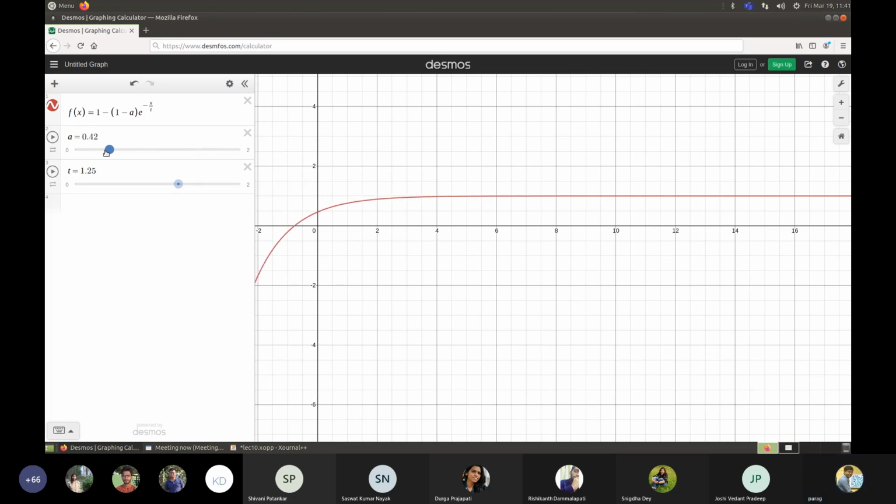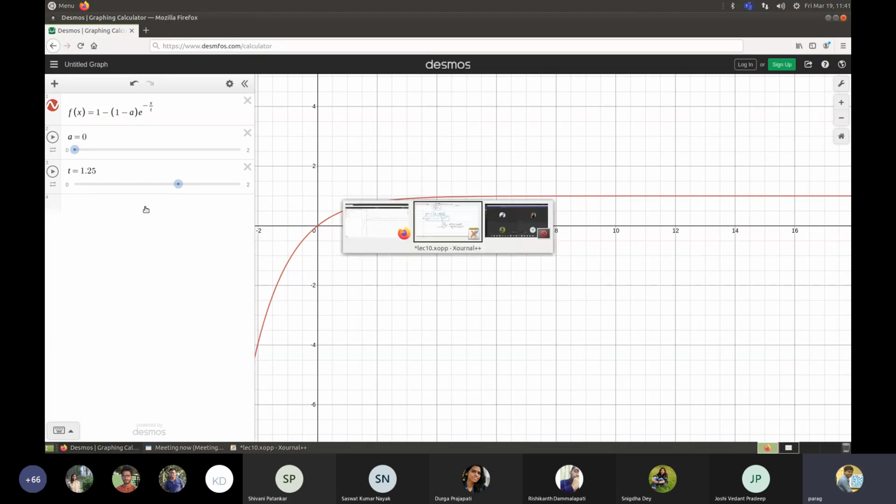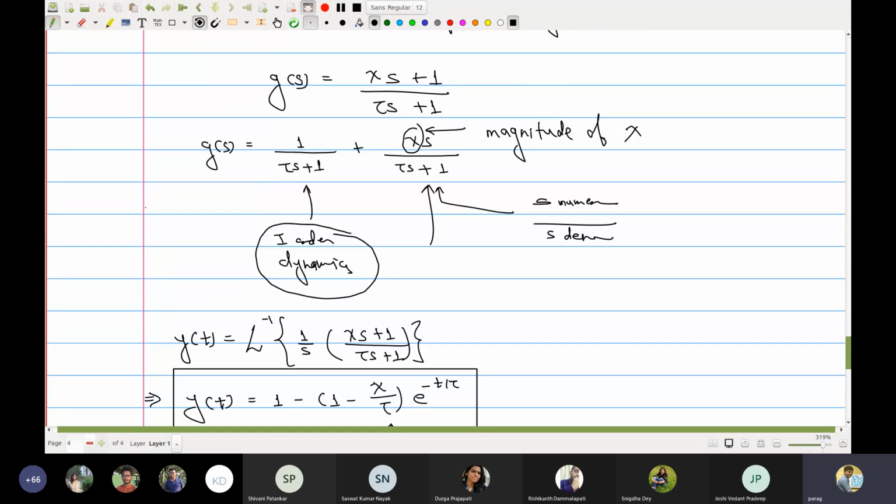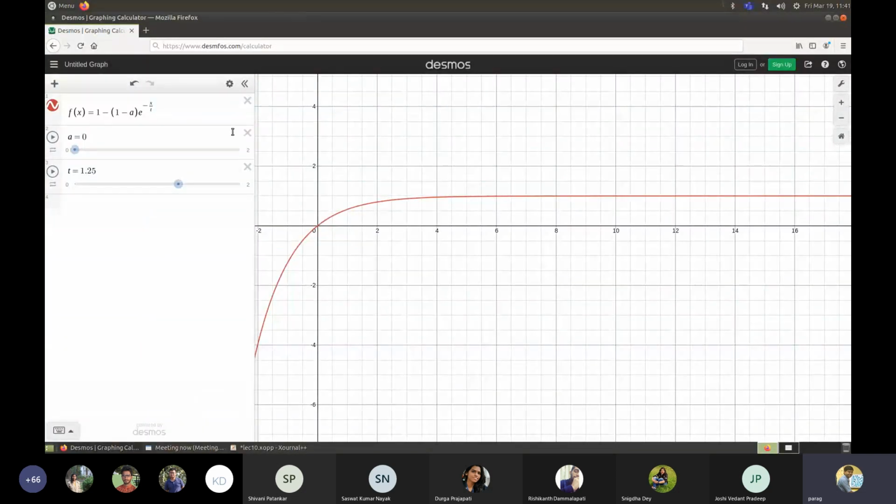The least that a can go is it can start from 0. And a equal to 0 in our analysis is simply first order dynamics, because a is the ratio of psi to tau. So with psi equal to 0, you simply have first order dynamics, which means you start from 0 and asymptotically reach the unit step. We know this, right? But what happens as you go on increasing the magnitude of psi?